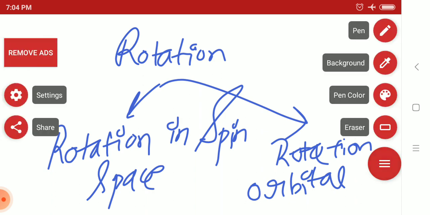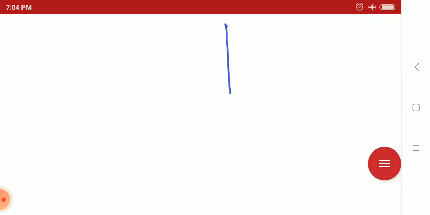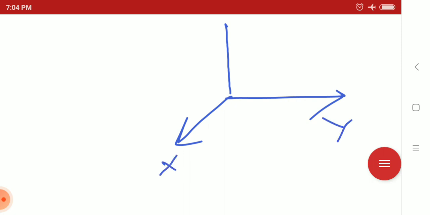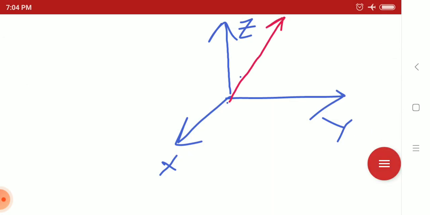Suppose you have the Cartesian coordinate system like that, x, y, z, and here a vector is making an angle. Let me change the pen color. A vector n cap is making an angle theta with respect to that Cartesian coordinate system.